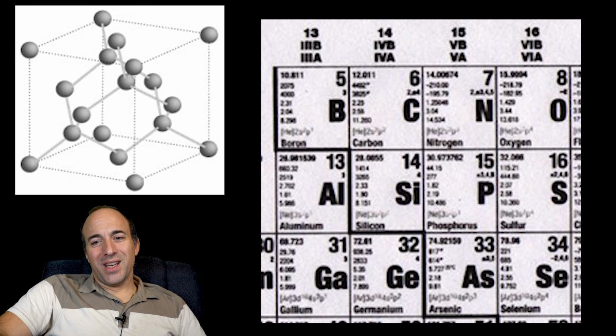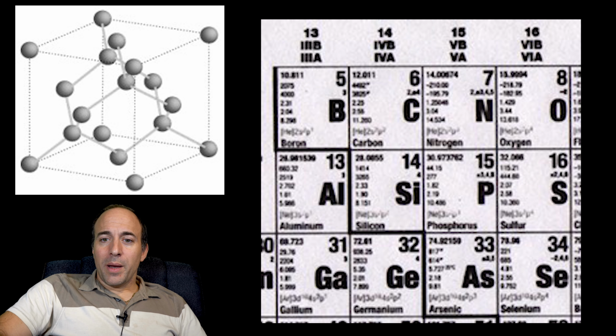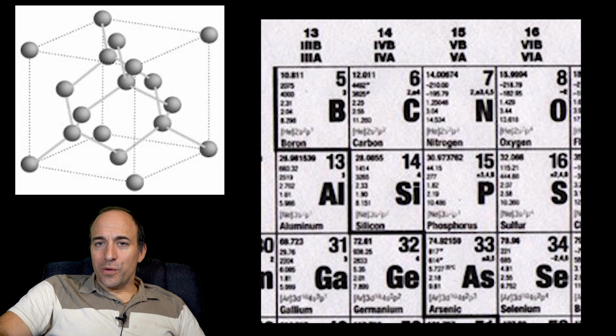So silicon is about 21 trillion times less conductive than copper. But silicon can be made more conductive by adding foreign materials called dopants into the crystal structure that allow for charge carriers to move about in the crystal.